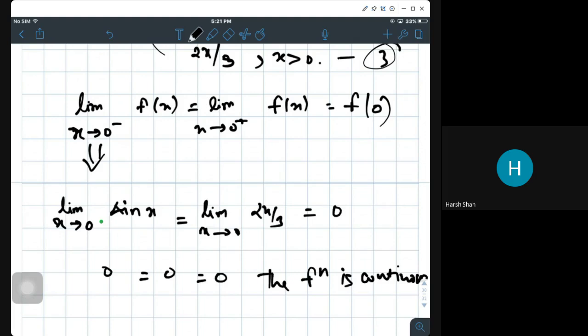Now after the function is continuous, we move on to differentiability. I think continuity is the only topic so far, right? Okay, then we have differentiability.